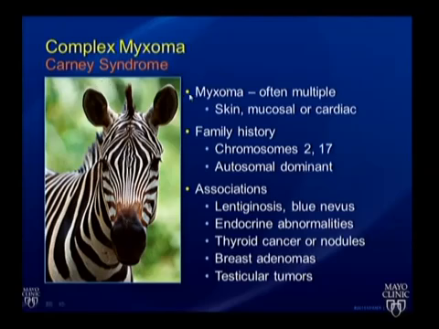So myxoma, I mentioned the syndrome myxoma, Carney syndrome. This is an important thing to keep in mind. Myxomas in Carney syndrome are multiple. These patients will have a family history. There have actually been genes located on chromosome 2 and 17, and it's autosomal dominant. It's been associated with all of these things, and sometimes people think that it's a multi-endocrine neoplasia, testicular cancer being one of the more common neoplasms that it's associated with.